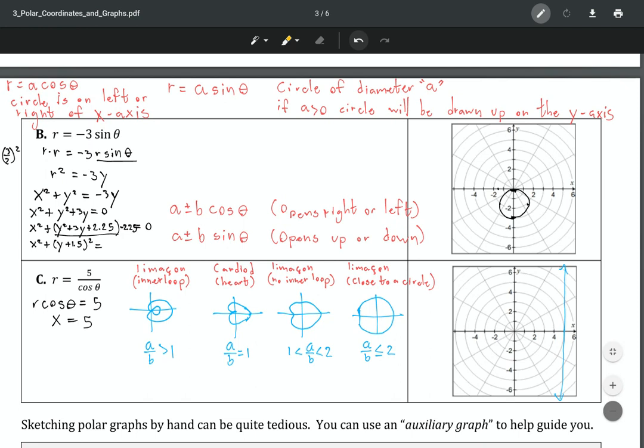And that's going to be equal to 2.25, because I'm going to add this to this side. All right, and that's it for that. So as you can see, this is a circle of radius 1.5.